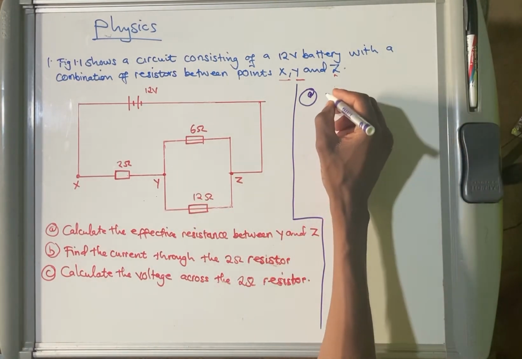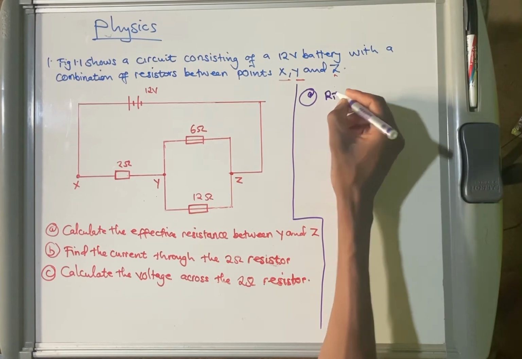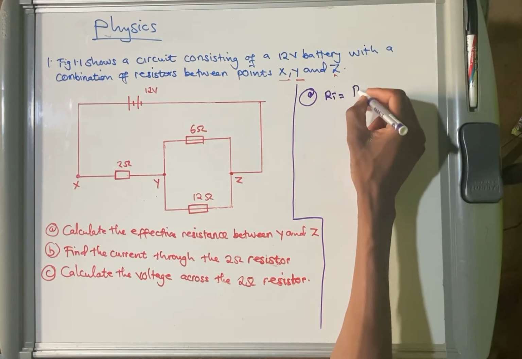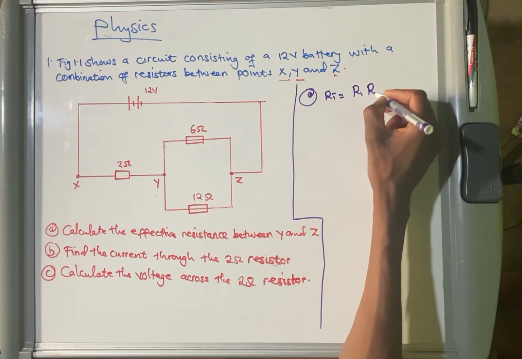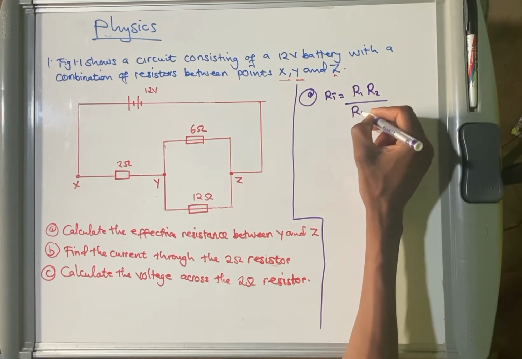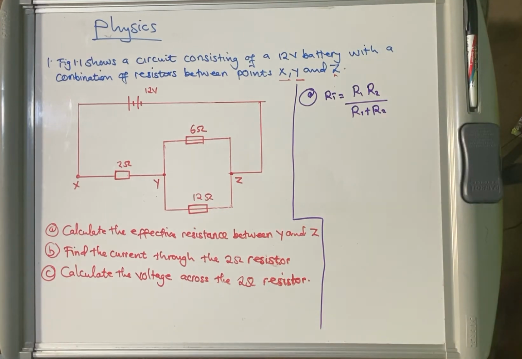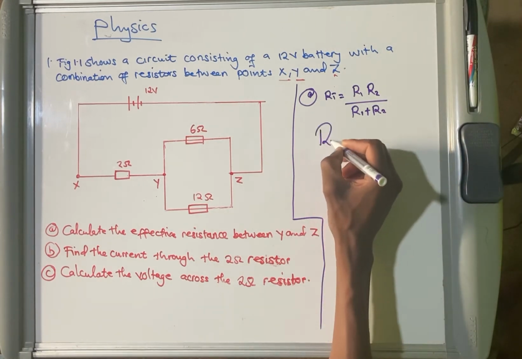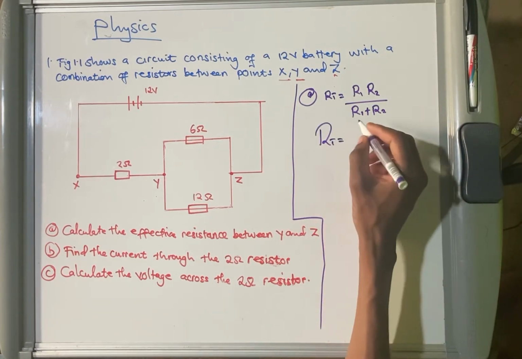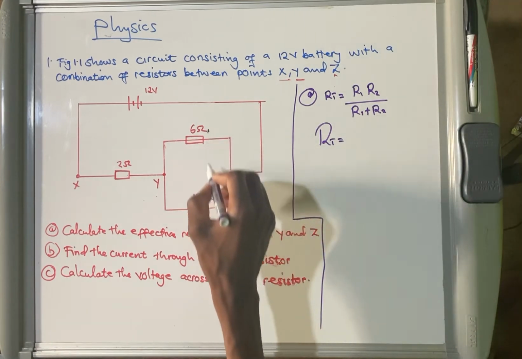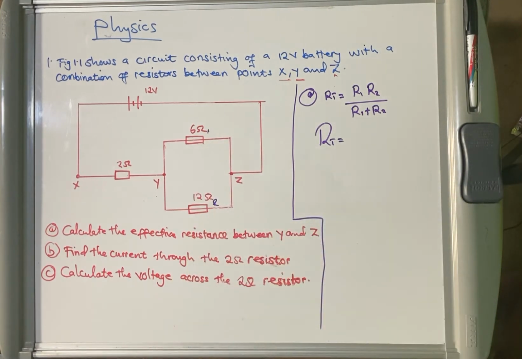So the formula to use is total resistance equals resistor 1 times resistor 2 over resistor 1 plus resistor 2. We use this formula only for two resistors. Okay, so let's get it. You can make any of these as your resistor 1 and resistor 2.